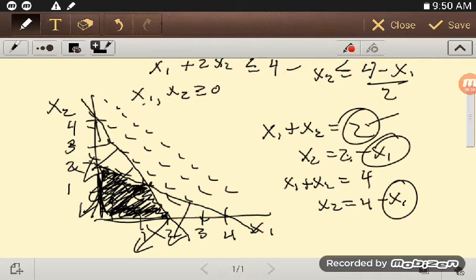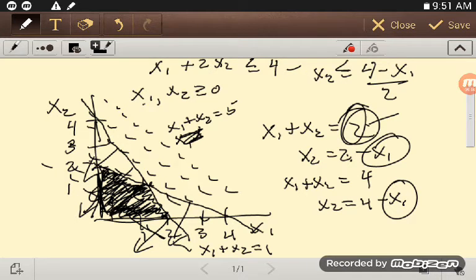This might be something like x1 plus x2 is equal to 5, whereas if I have one in here, that might be x1 plus x2 is equal to 1. As I increase my value, I'm just looking at a line that's moving out in that direction. As I look at these parallel lines, I want the one that hits that corner point right there. Okay, so graphically that's what's happening.